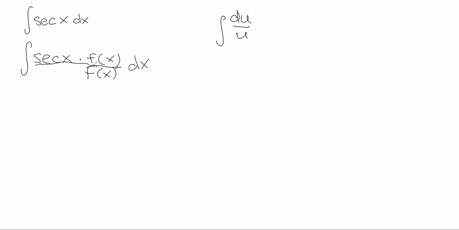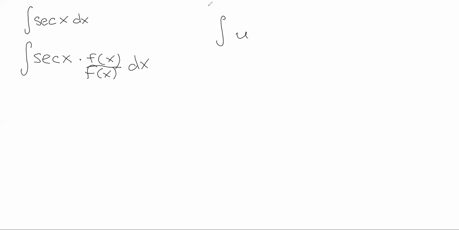We're going to be dealing with some kind of a rational function, and we're going to want to put it in such a form that we'll be able to integrate this using the logs, using natural logs or maybe other bases. But for now, I think it'll be just natural logs. So we want to figure out, what does f of x have to be so that we have a function on the bottom and the derivative of that function on top, so that we have something really nice like this that integrates perfectly.